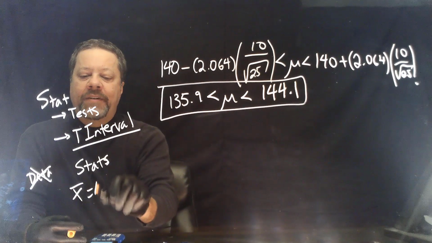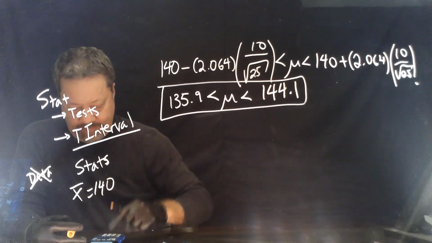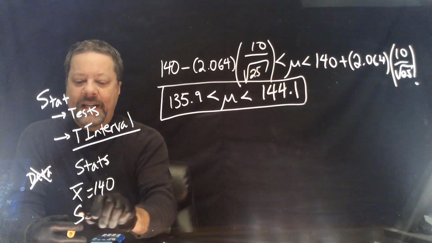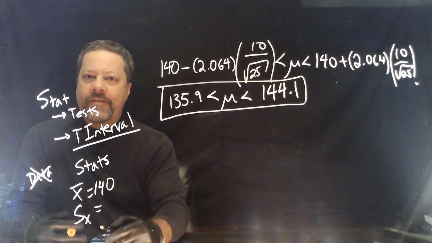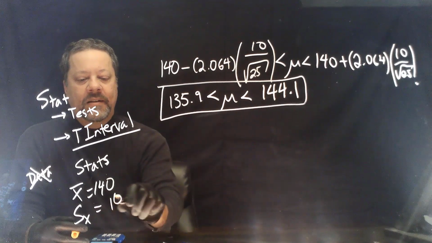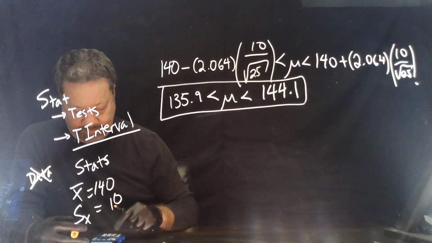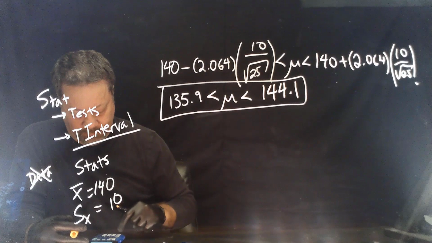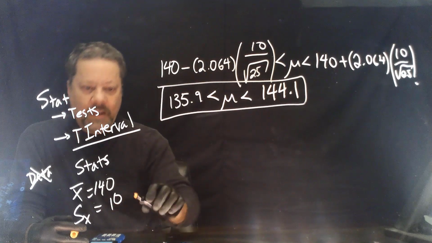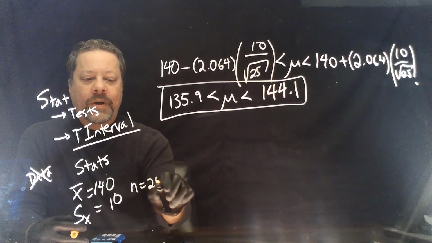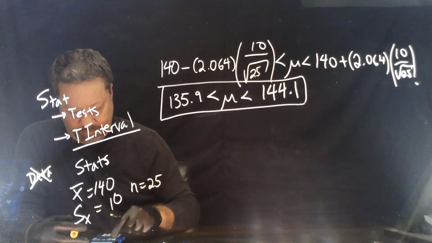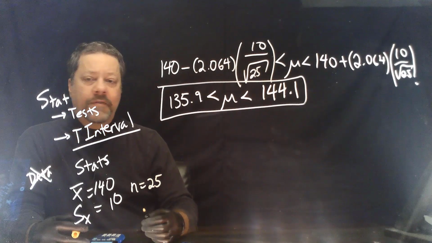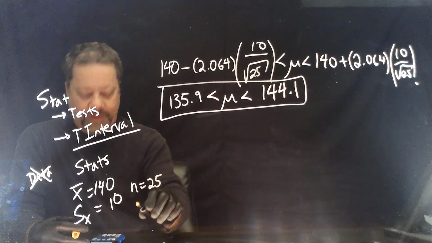The mean that we're given is 140. And it gives you an Sx, that's the standard deviation for the data. In this case, that's 10. N in this case is 25. And the confidence level is 0.95.